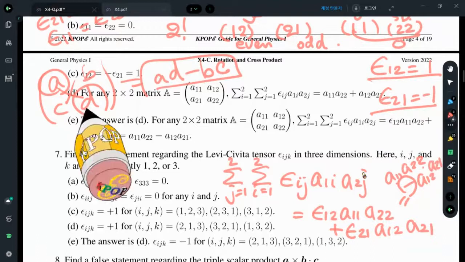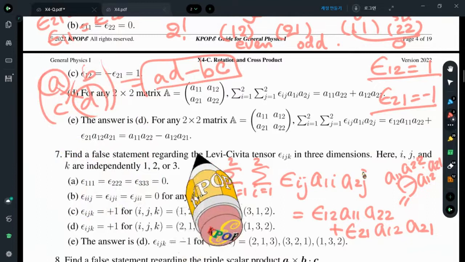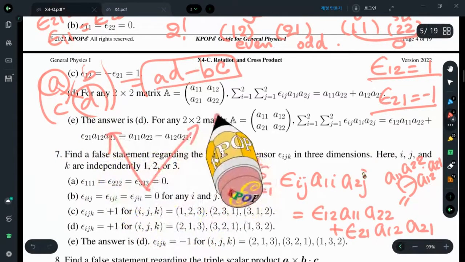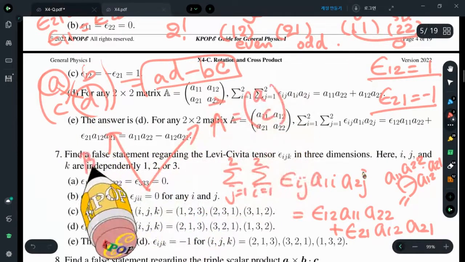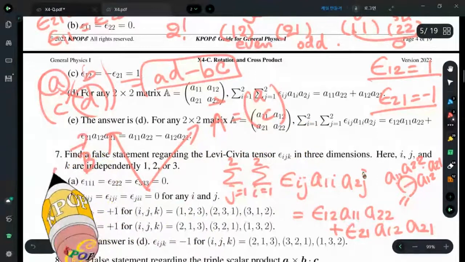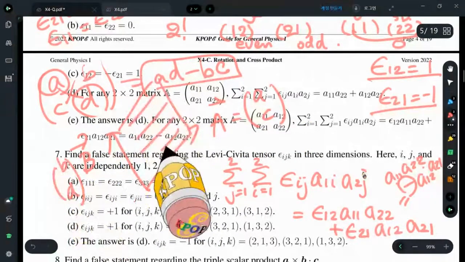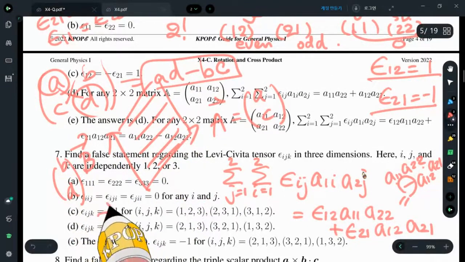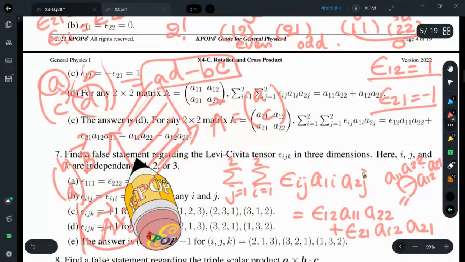Okay, so actually this is the area of the parallelogram generated by two vectors. This A vector has components A and C, and this vector has components B and D. Then what is the area of this parallelogram? That is A cross B. The absolute value of A cross B is the area of this parallelogram.